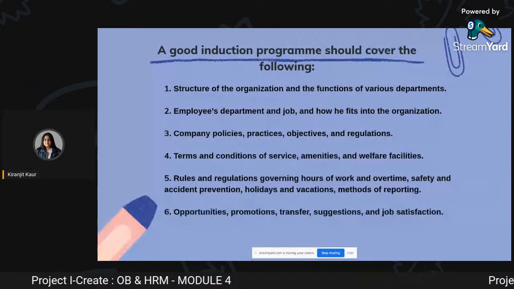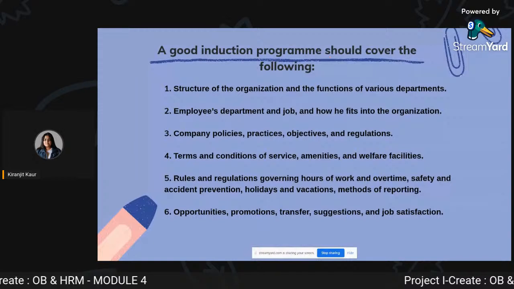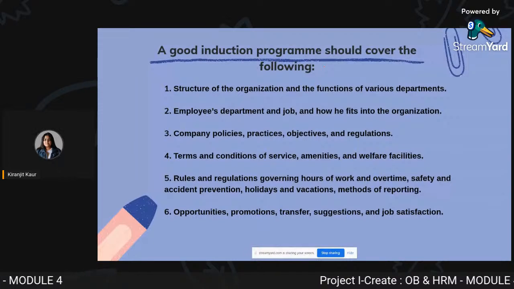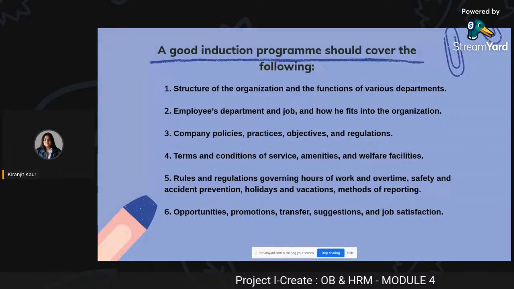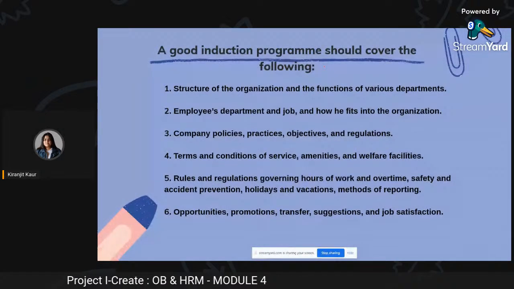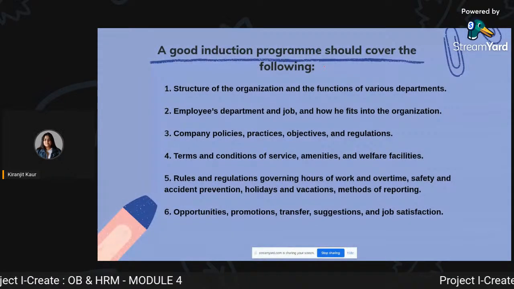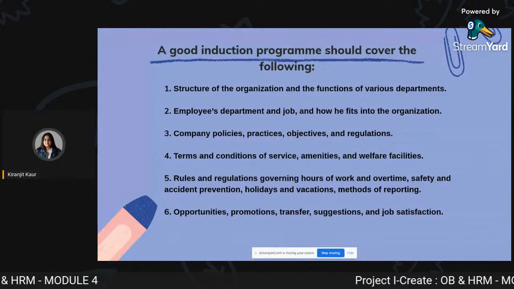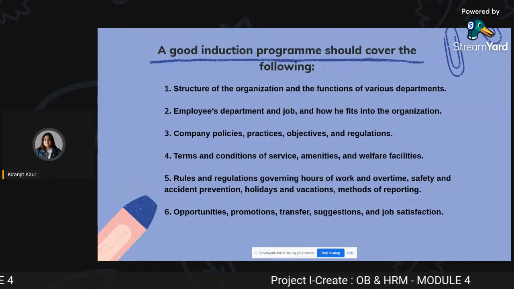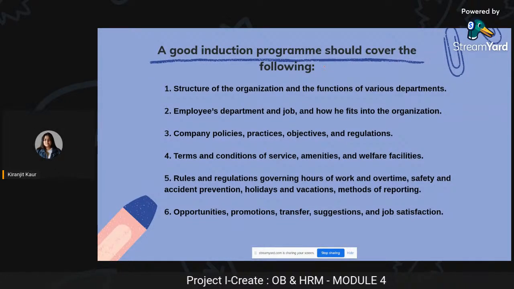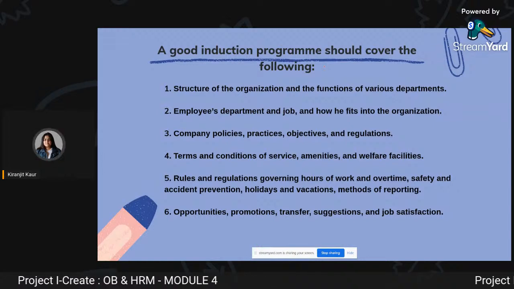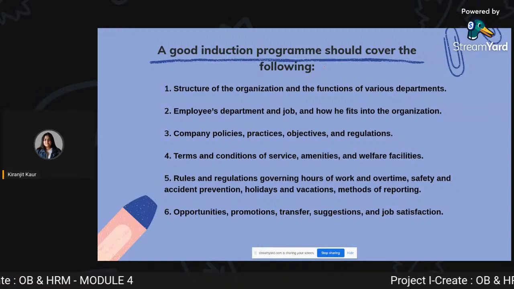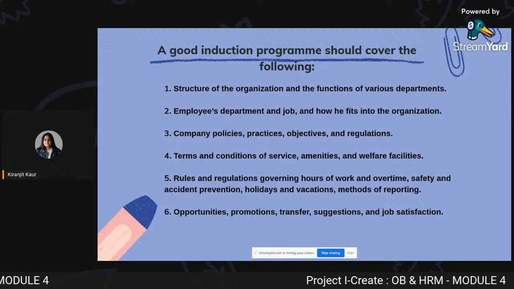Next, a good induction program should cover the following. If you talk about an induction program, it should be good. A good induction program covers some of the following elements. The first is the structure of the organization and the functions of various departments. When we are doing an induction program, we should introduce the company structure and the functions of the various departments to the employees, their department and job, and how he fits into the organization.